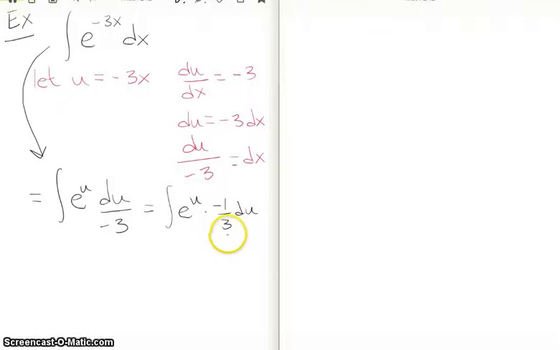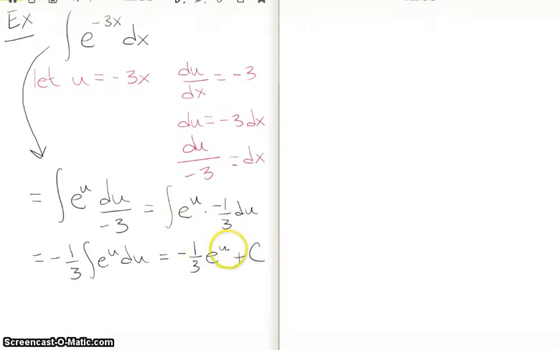But this emphasizes that this fraction can be brought out front of the integral as a negative 1/3, and this is then the integral of e to the u du. The negative 1/3 is just a constant living out front that we don't have to do anything with besides rewrite it. The antiderivative of e to the u, where u is the variable, is e to the u, and then we add a constant of integration. Again, remember not to be finished at this point.